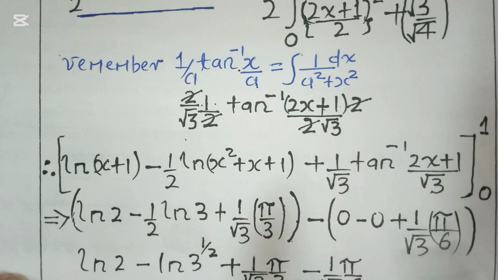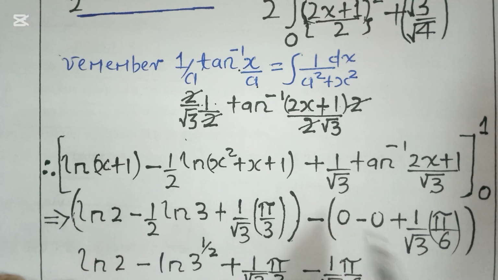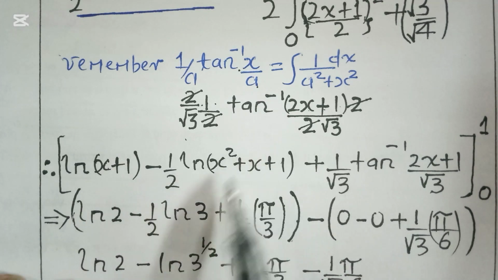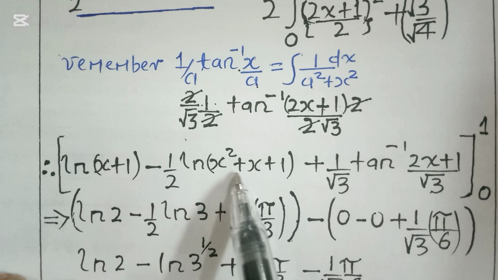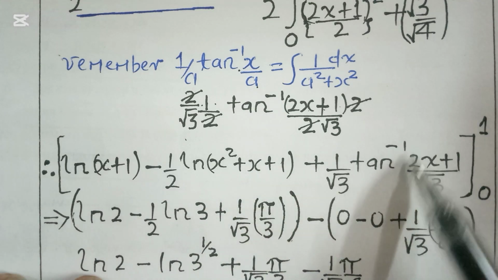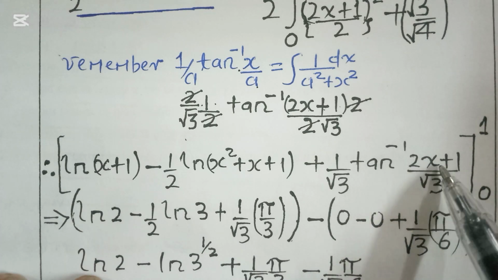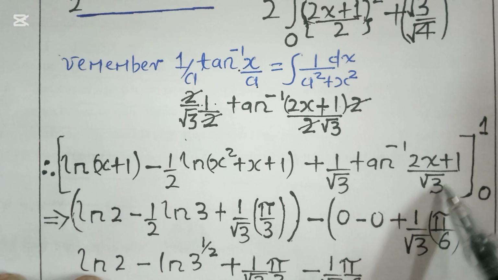Now minus, now we put our limit 0. Our limit 0 here is going to be 0, which is this. This one also going to be 0 because this is 0, 0, and ln natural logarithm of 1 is 0. And then finally, guys, we come here, we put our 0 here. So we are going to be left with 1 over square root of 3.